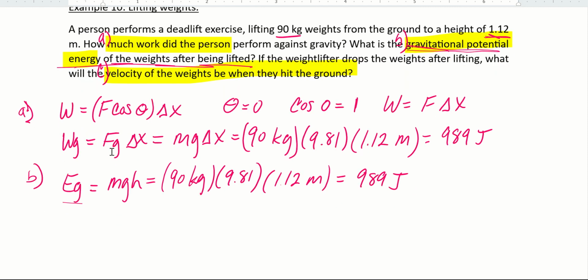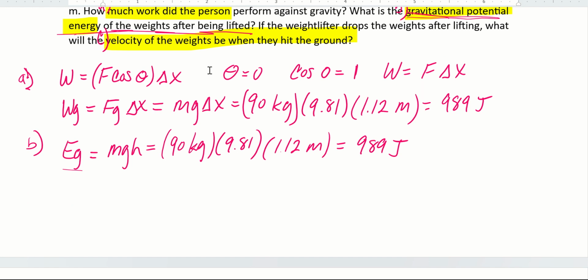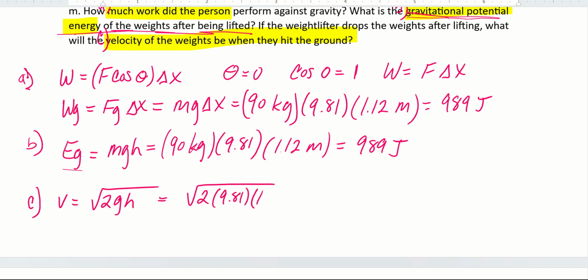Okay, last part. What was the velocity of the weights when they hit the ground? Well, we can use that handy formula we just derived. Velocity is square root of 2gh. Square root of 2, 9.81, and our height was 1.12 meters.